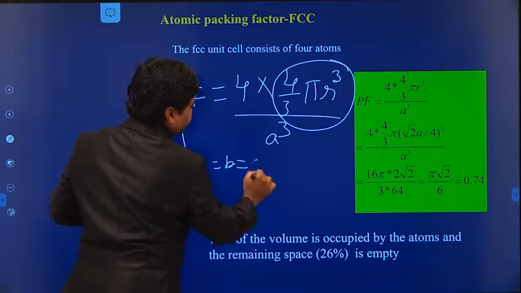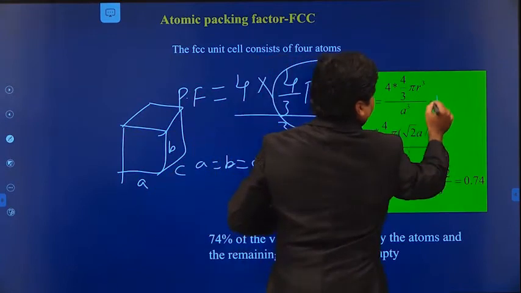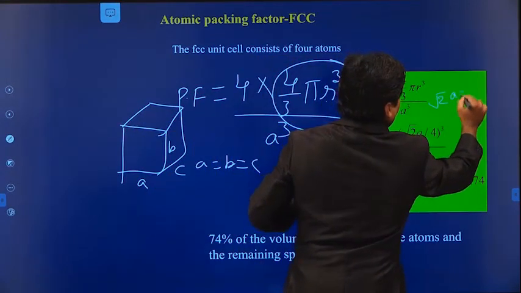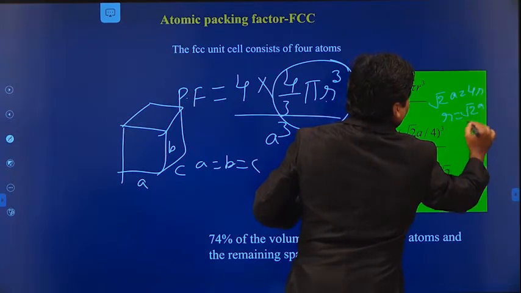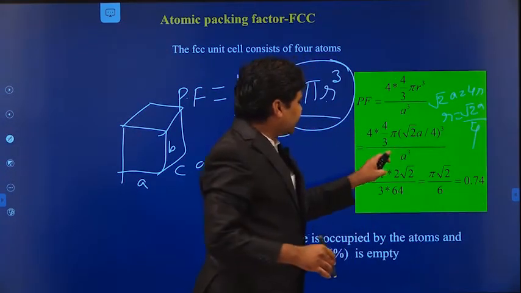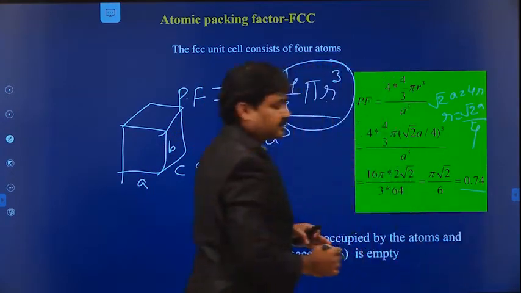So the volume of the unit cell is a cube. Here square root of 2 a equals 4R, and R equals square root of 2 a divided by 4. If you substitute this value and simplify it, you get 0.74.